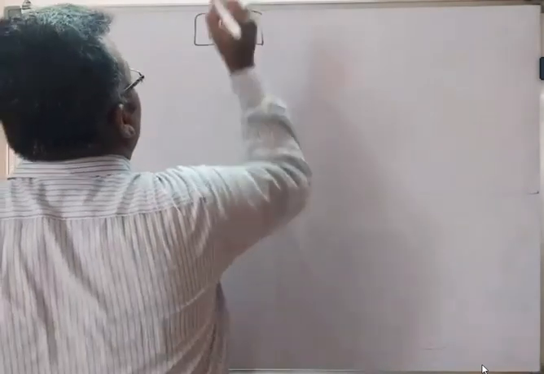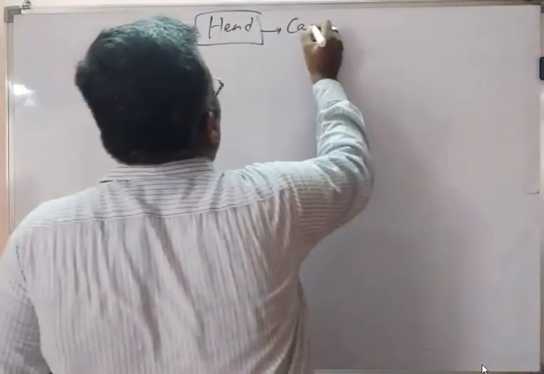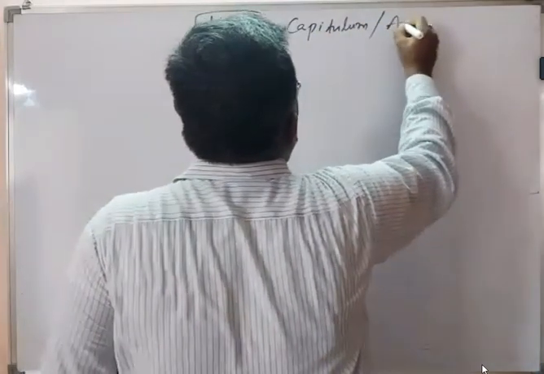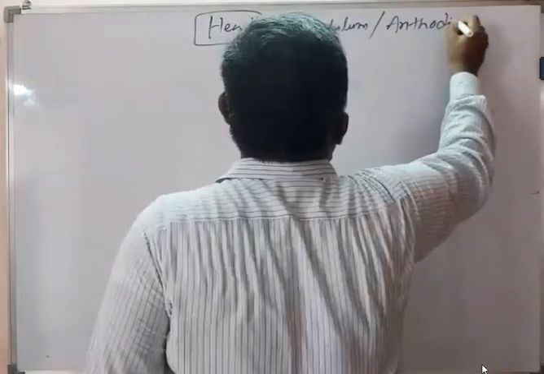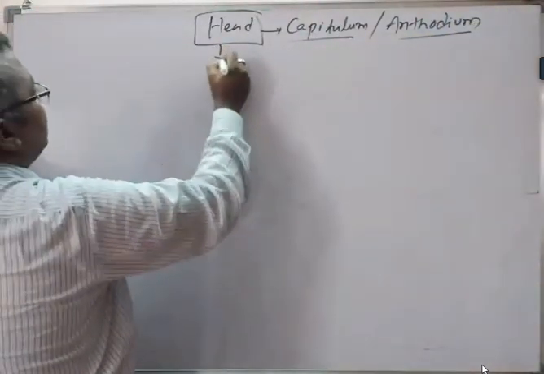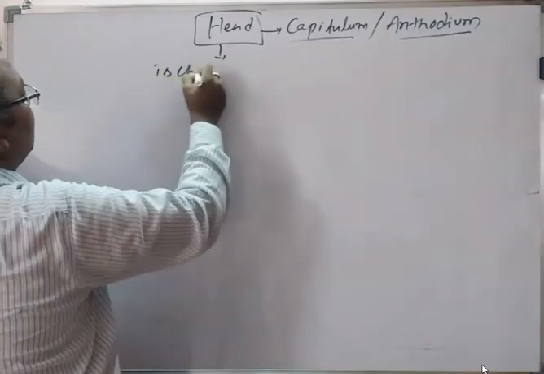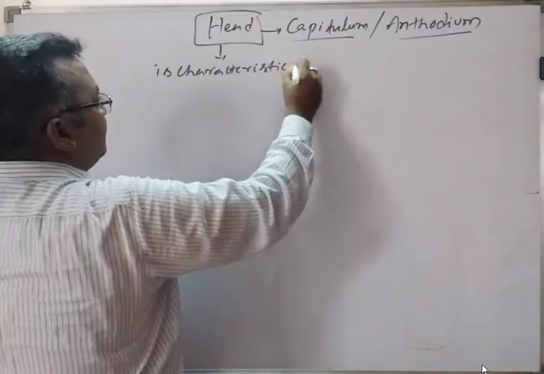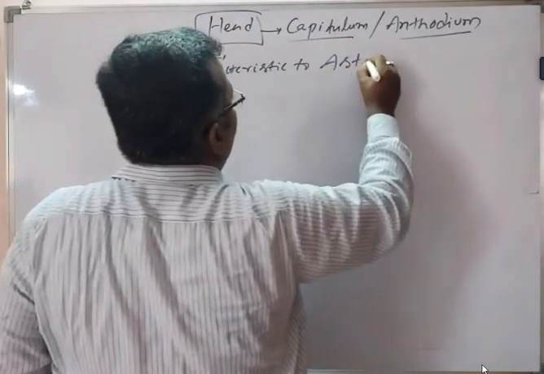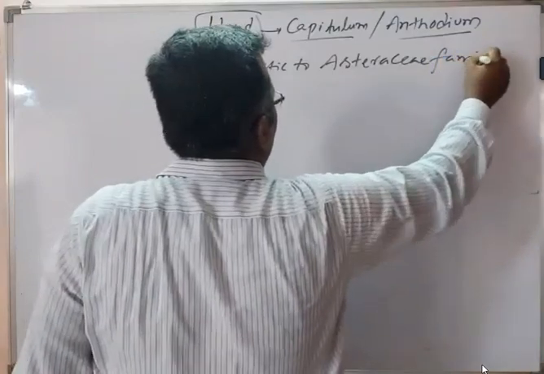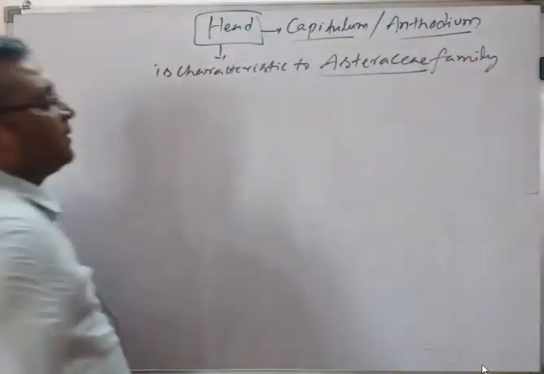In head inflorescence, head is also called capitulum or anthodium. This inflorescence is characteristic of the Asteraceae family.